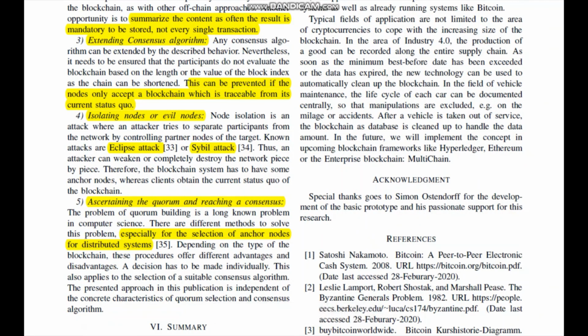There are some kinds of attacks called eclipse attacks or Sybil attacks. How can we isolate those nodes where the attacker tries to separate the participants from the network and control the nodes somehow? That is also one way where blockchains can be surrendered, right?